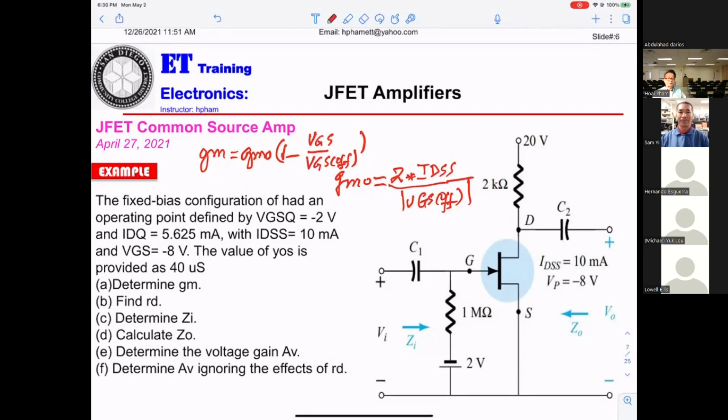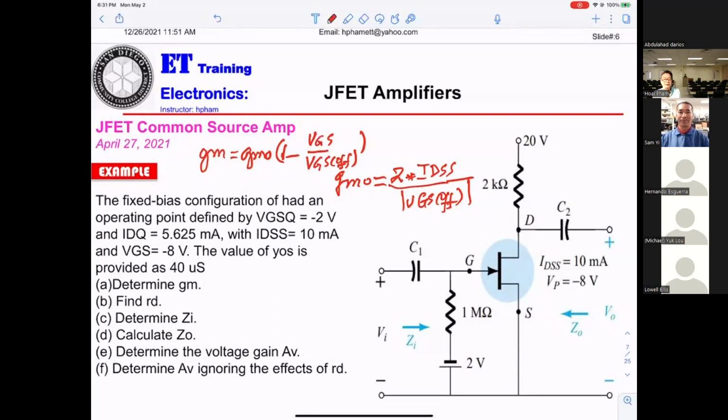On number B, I don't want you to calculate RD, the small rd, which is the internal resistance of the output of the JFET. If you go back, you can see the formula, but it is basically not used anymore. So we don't need to calculate number B.